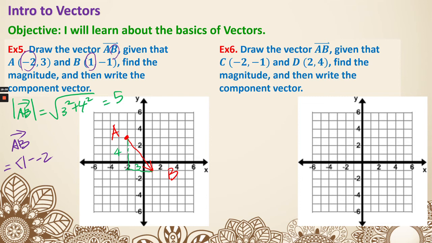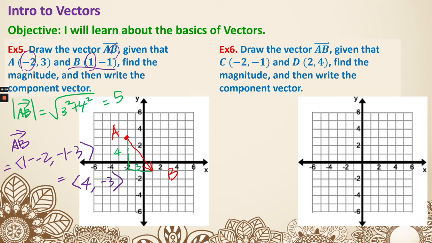This is where a lot of you made mistakes when you first learned about using the formula for slopes. You've got to be very careful with the signs. So that is the x. Next, the y is negative 1 minus 3. It needs to be from the terminal point minus the initial point. The terminal point is where it stops. It stops at B. This is going to give you a 4 and a negative 3. That is the component form.